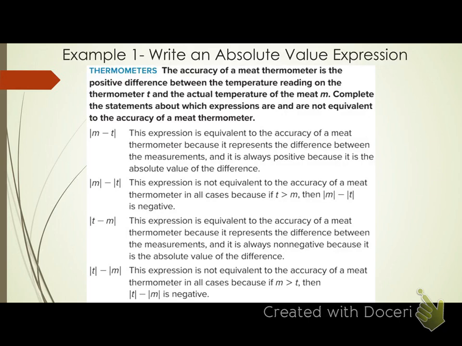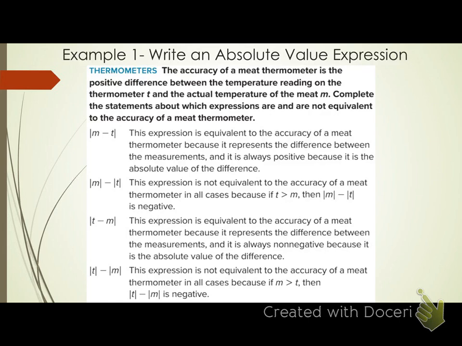The accuracy of a meat thermometer is the positive difference between the temperature reading on the thermometer T and the actual temperature of the meat M. Complete the statements about which expressions are and are not equivalent to the accuracy of a meat thermometer. So, what does difference mean? Subtraction, right?